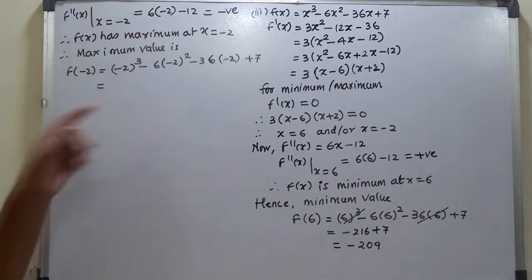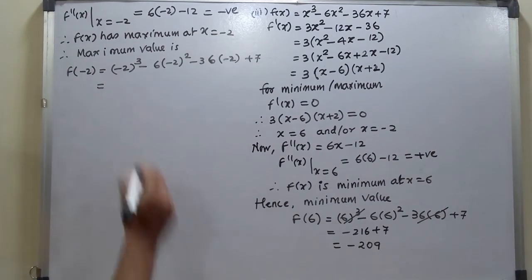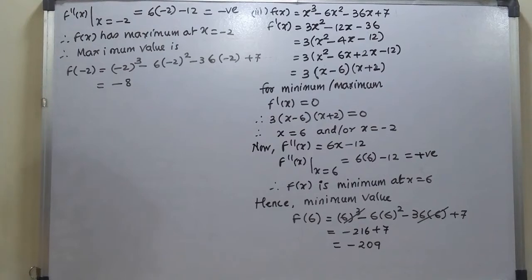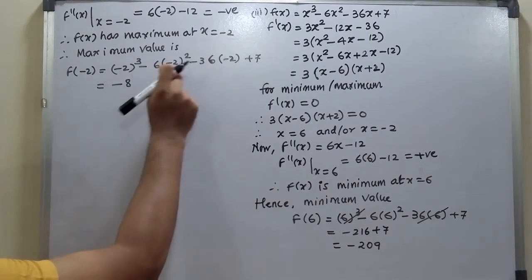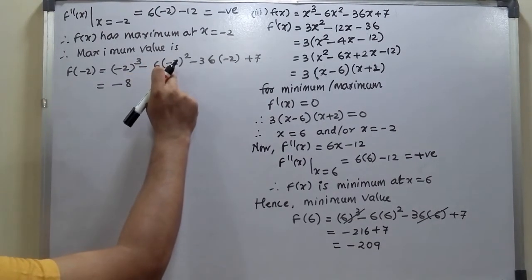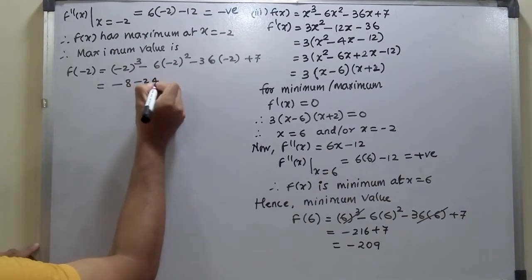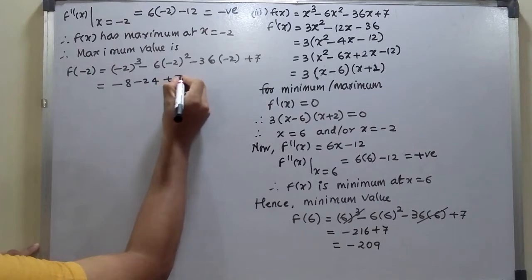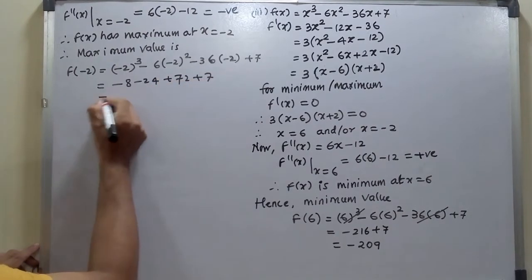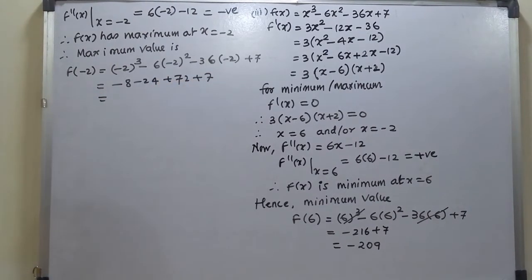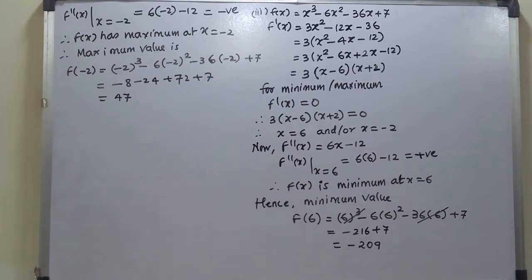So that becomes minus 2 cube, which is minus 8, and 3 minus signs. 6 4s are 24, so it is minus 24. 36 2s are 72, but plus 7. So it becomes 72 plus 7, 79. 79 minus 32 is 47.